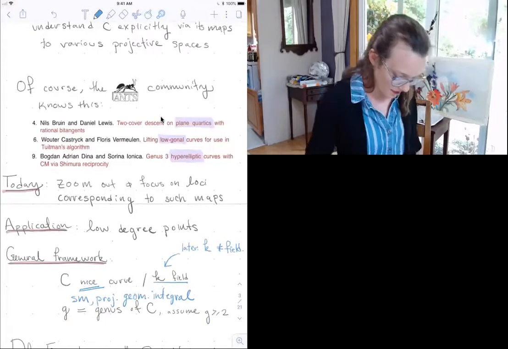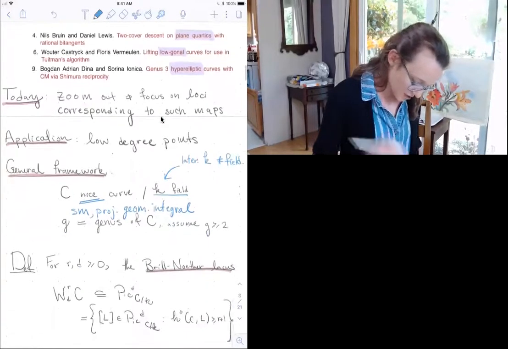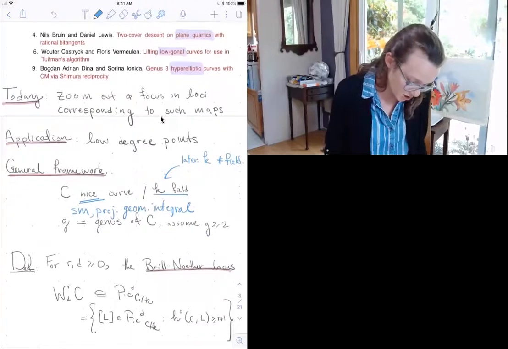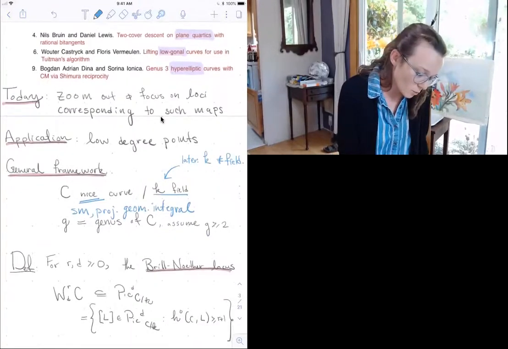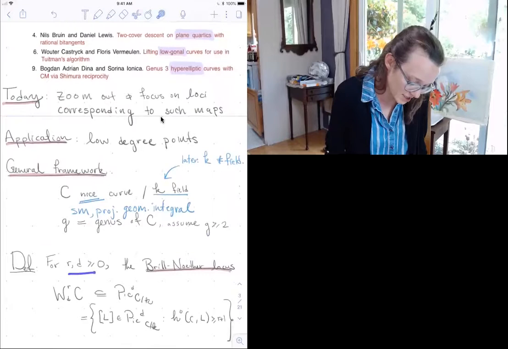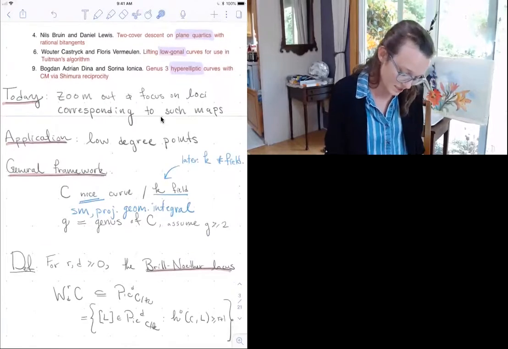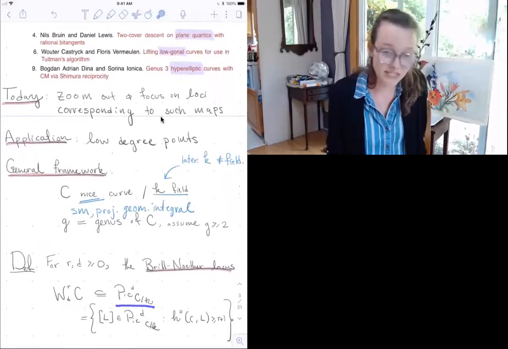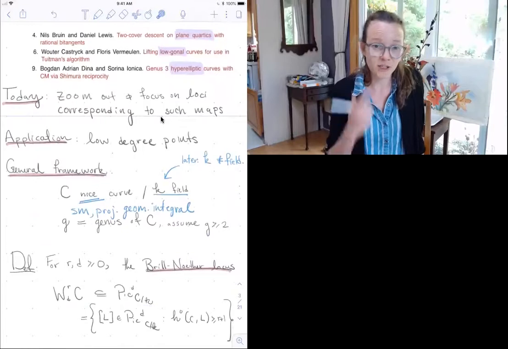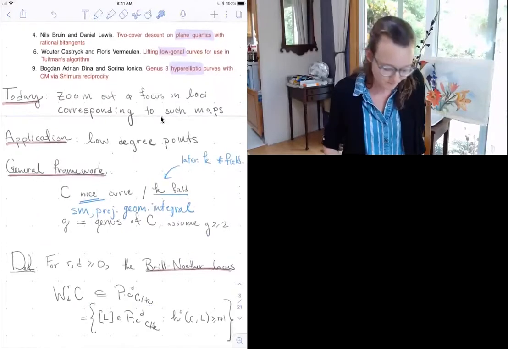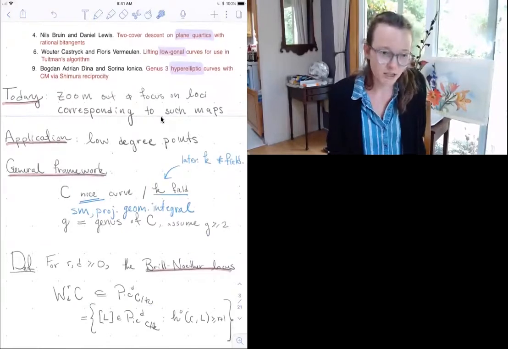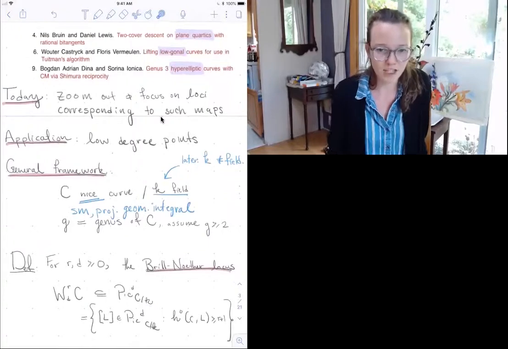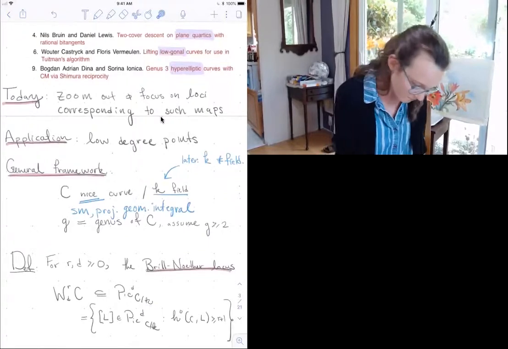All right, so let's meet our main object. It's attached to 2 integers, r and d, which are greater than or equal to 0. So the Brill Noether locus attached to these integers, which I call W^r_d, is a subvariety of Pic^d of the curve, the degree d component of the Picard scheme, which is a torsor for Pic^0, the Jacobian, a g-dimensional abelian variety.